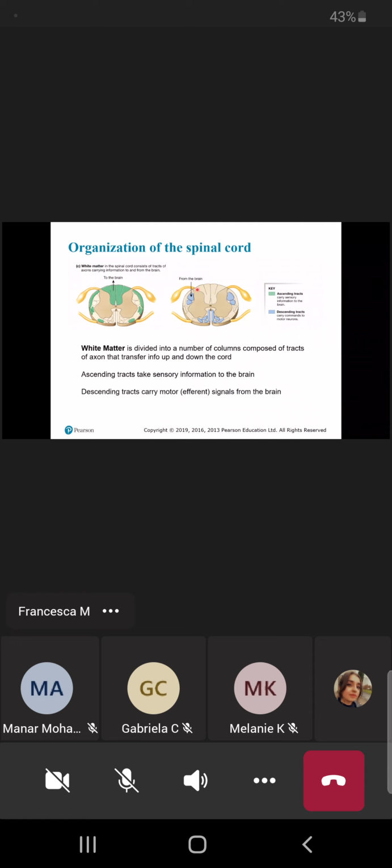And then you also have the descending tracts, the efferent division that regulates the skeletal muscle, the commands to motor neurons, so information that comes from the brain. And the localization of this myelinated structure is in here.